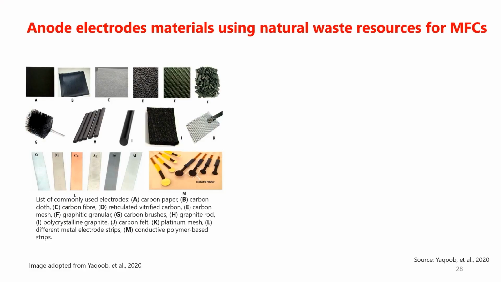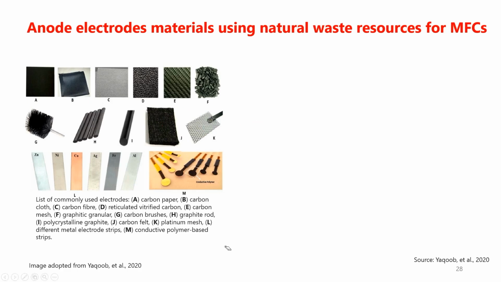For example, these are a list of commonly used electrodes. As you can see from A, this is carbon paper, then we have carbon cloth, then carbon fiber, and then reticulated vitrified carbon, then a carbon mesh, then granular graphite, which is in the granular form in F, then the carbon brush in G, and then graphite rods, as you can see over here, or we may have polycrystalline graphite as shown in I. Then we have carbon felt in the case of J, and platinum mesh also can be used.